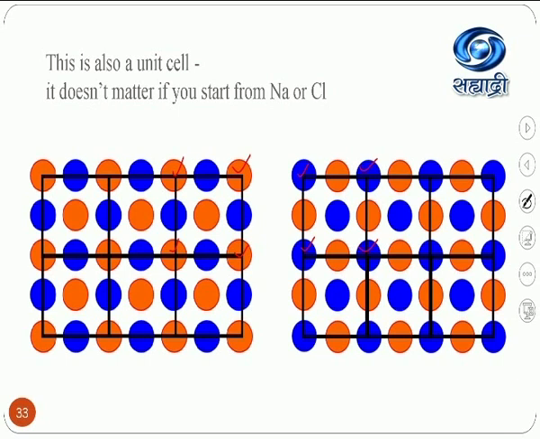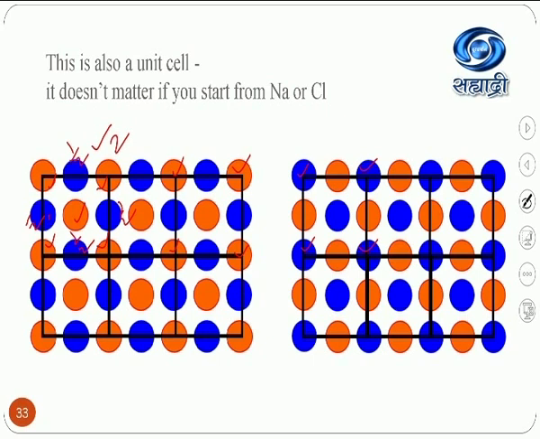Second thing, the composition of each individual unit cell is the same. If you consider this solid, it is made up of 1 orange sphere from 1/4 part of each of 4 orange spheres, so altogether 2 orange spheres. While here 1/2 of blue, 1/2 of blue, 1/2 of blue and 1/2 of blue, that means a total of 2 blue spheres.